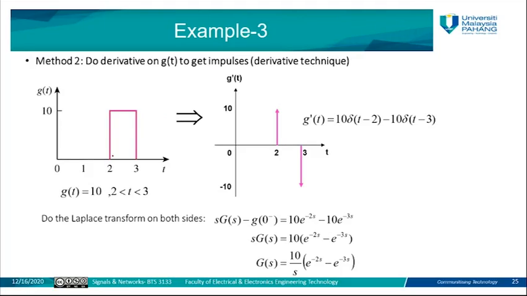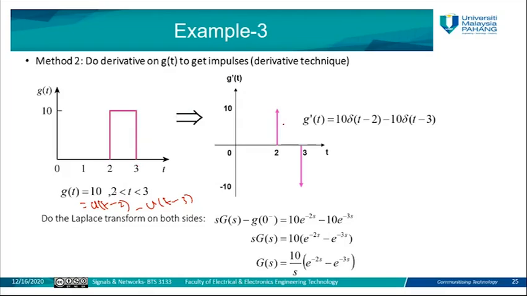Okay, so this is the original function, which is g(t) equal to 10 between 2 and 3. As we said, it was like u(t minus 2) minus u(t minus 3). So this was the original function. I want to differentiate this one, so we go for the derivative of g(t) here.